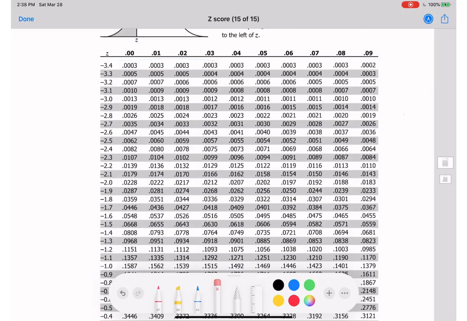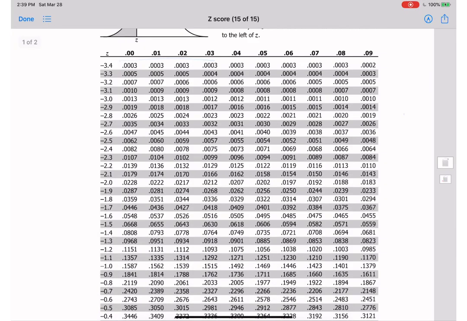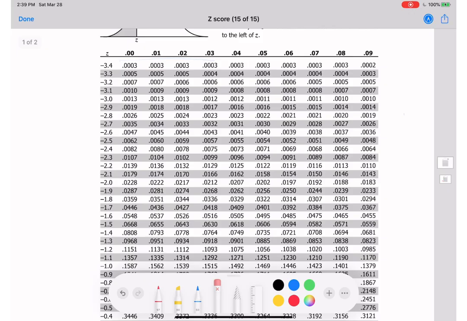For example, if I am given the probability of x for z-score, that we don't know how much it is equal, 0.0023.